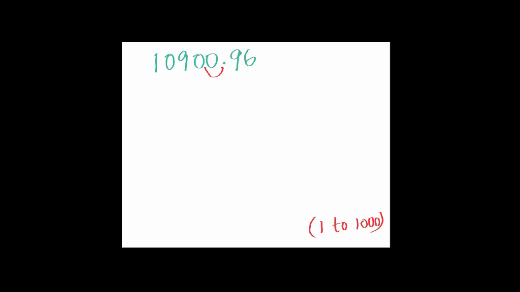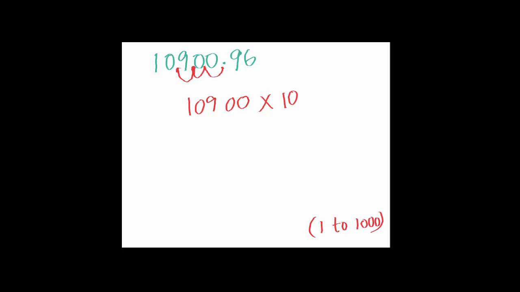If I move one place, that becomes 1090, which is more than 1,000. So I need to move by 2 places. So that becomes 109.00 times 10 power... Sorry, because this is an engineering notation, you need to move three places. Remember, you cannot stop at two places, and you need to move one more place.